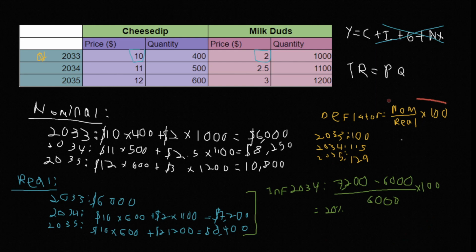So we're going to do this with the GDP deflator instead. If we do basically the same thing, let's do the current, which would be 115, minus the old, which is 100, over 100, times 100, is just 15%.